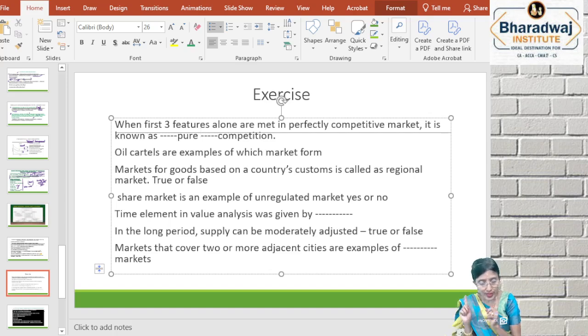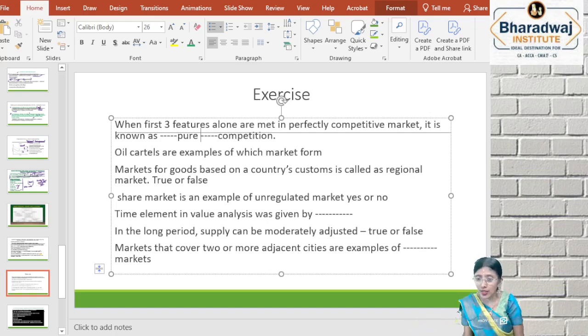These alone are met, it is pure competition. But to call it a perfectly competitive market or perfect competition, you have other factors. What are they? Perfect mobility of the factors of production, perfect knowledge on the part of the buyers and sellers, no transport cost or transaction cost, absence of government intervention. When these are added, it becomes perfect competition.